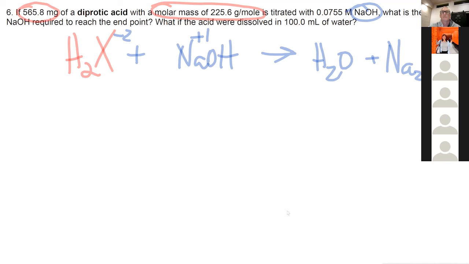No, because sodium on the product side is 2. Right, there are two sodium ions on the product side and only one on the reactant side. So how do I fix that?